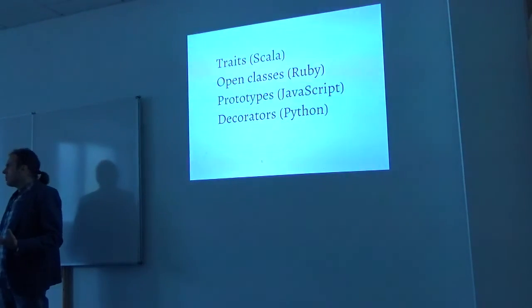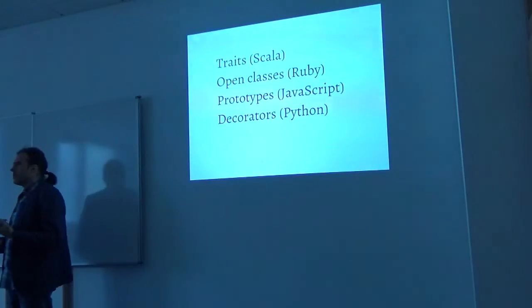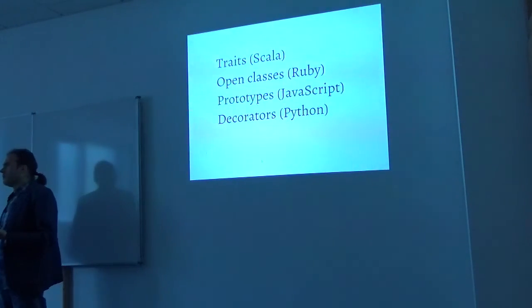So for the communities around these languages, it was probably not attractive to relate to aspect orientation. It seems that they would be ashamed of mentioning aspect orientation, but there are research papers that relate these concepts.